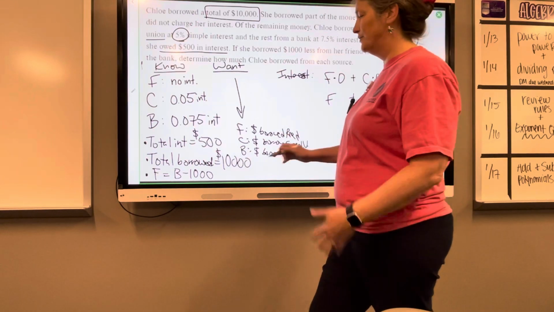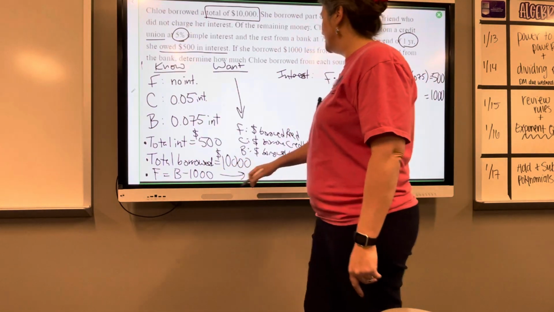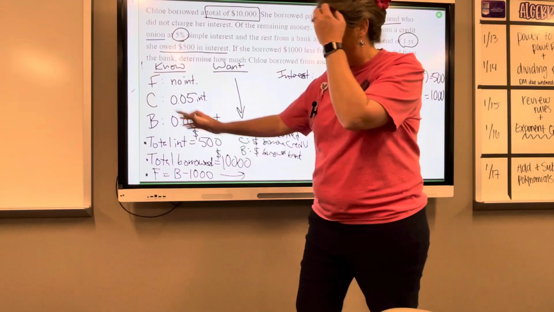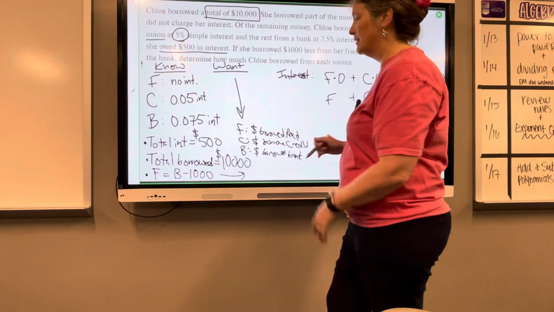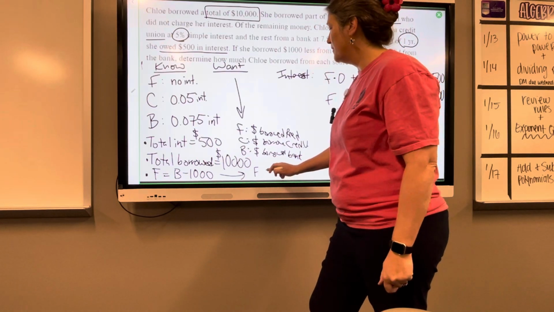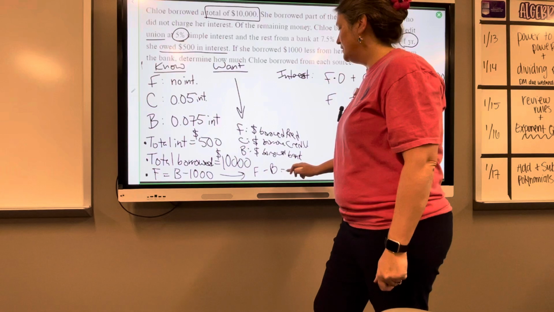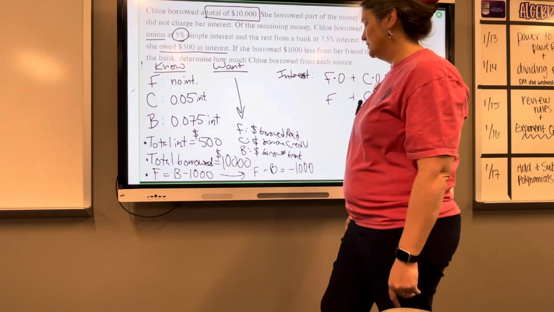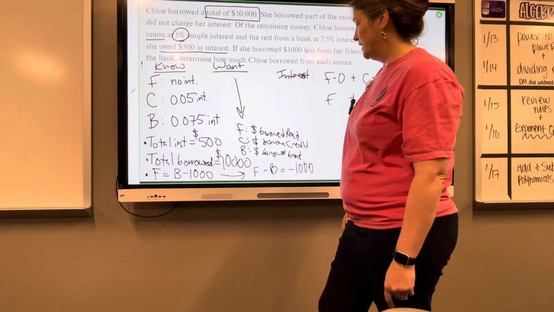That's not in standard form. So before I copy it over here to make my matrix, I'm going to go ahead and pull all my variables to the left and leave my constants on the right. I will have F minus B equals, well, negative 1,000. That's a little bit weird, but that's what it would end up being.